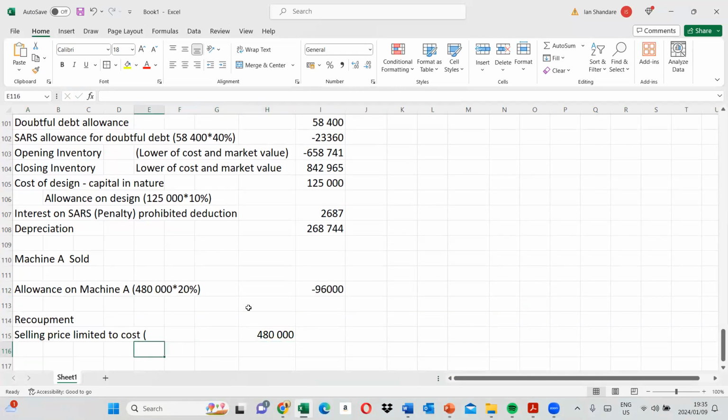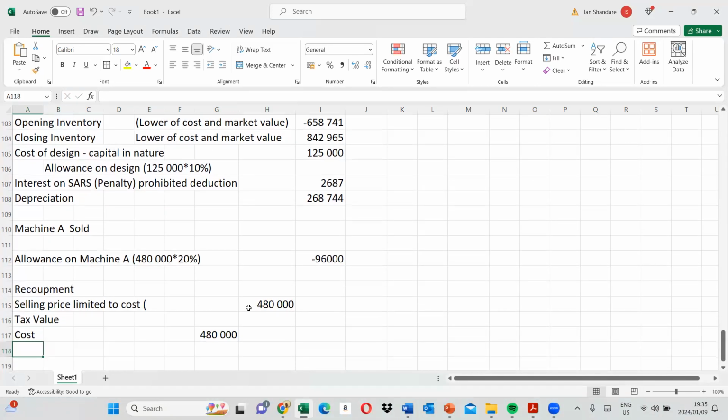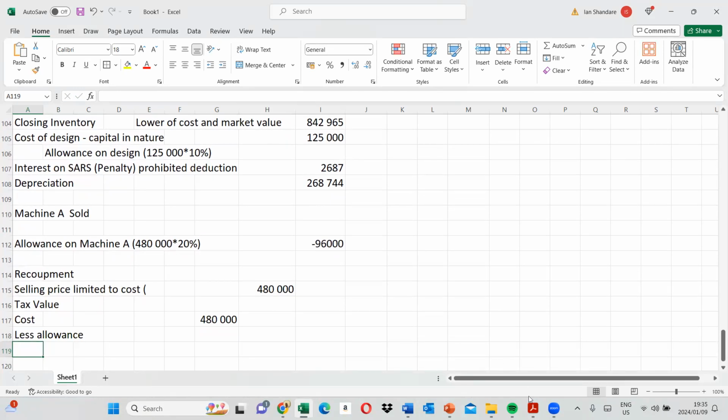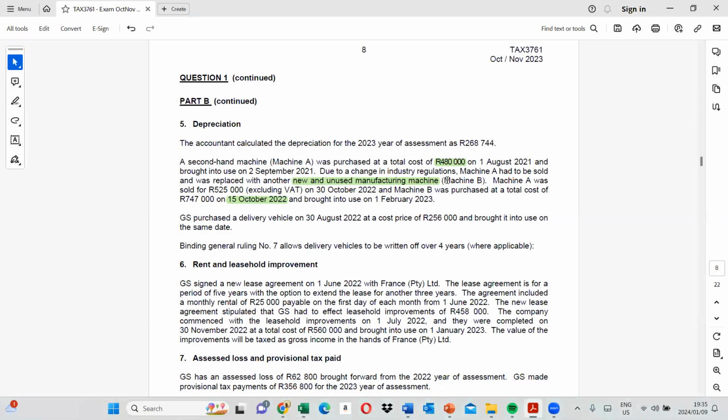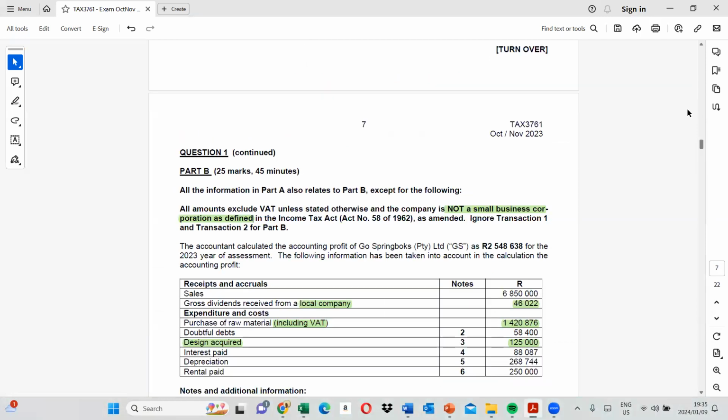So we have 480,000, and then your tax value. For tax value, you're going to take cost, which is 480, less allowances. The allowance that was claimed in the year that they bought it: remember, they bought it on 1 August 2021. What is our year of assessment? In this case, the 2023 year of assessment.